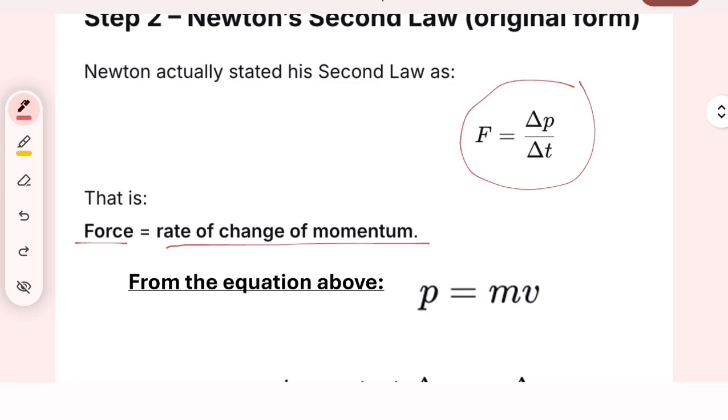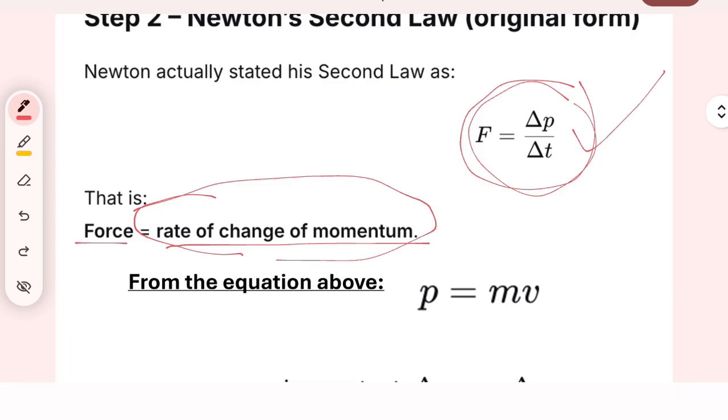Delta p is the change of the momentum, and delta t is the change of time. When you divide the change of momentum by the time, you are computing the rate of change. So the force is equal to the rate of change of the momentum.